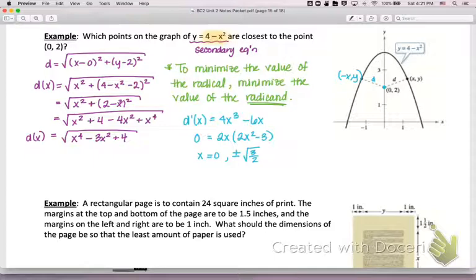So now we're going to come down and look at our values. This is the values of d prime. So we have negative square root of 3/2, 0, positive square root of 3/2.